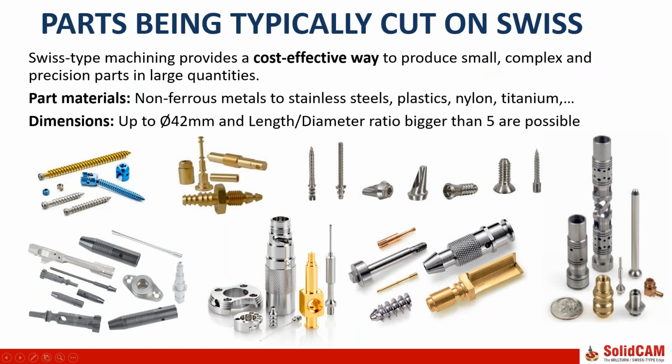These are enough examples of typical parts being cut on Swiss type machines. Okay, typical dimensions are up to 42 millimeters, and the length to diameter ratio is usually bigger than 5. The range of materials is a very big one.